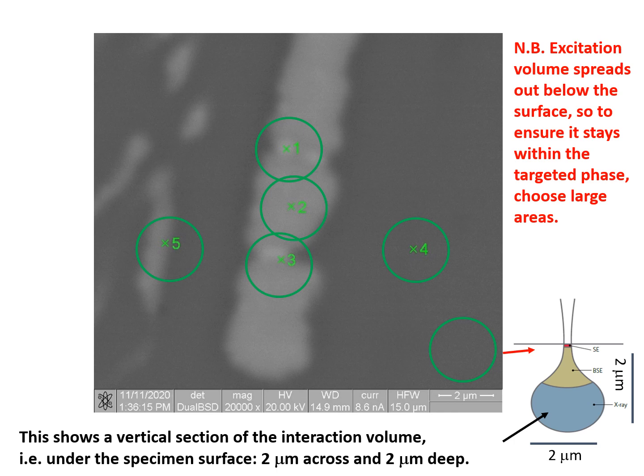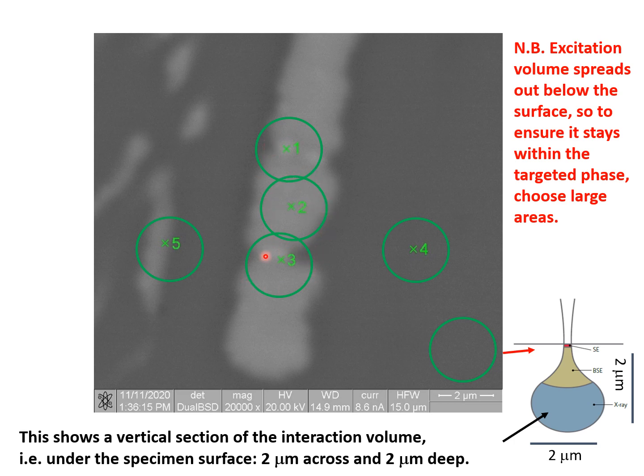And then this is another example from someone else. Just a reminder, it spreads out beneath the surface to round about 2 microns. There's my little circle I've drawn on as a guide. This is fine. That's going to pick up this. This is maybe fine.